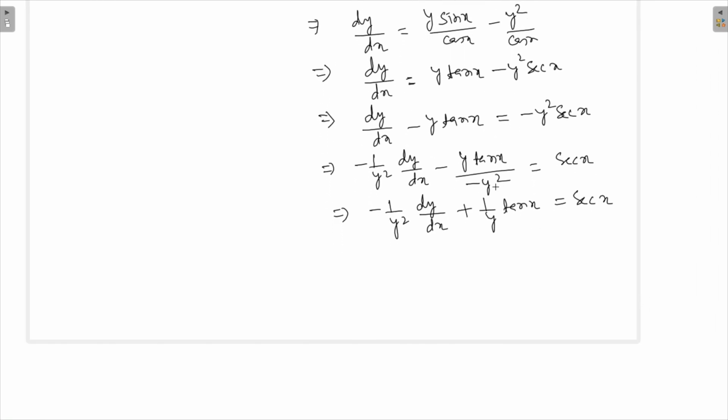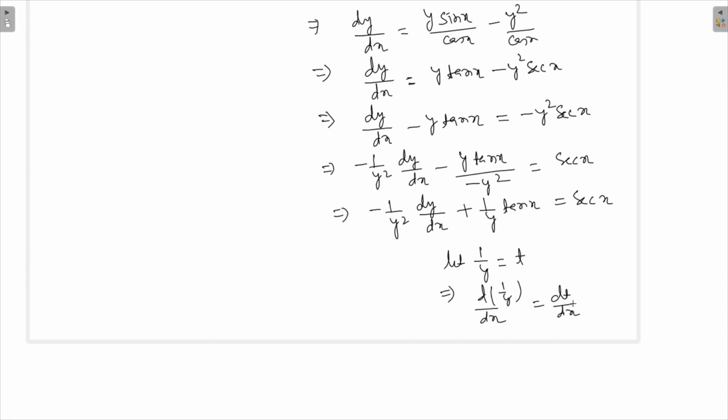Now if you substitute 1 by y as t, so let 1 by y equal t, you will see that this converts into a linear differential equation. When you differentiate both sides with respect to x, d of 1 by y upon dx becomes dt by dx.